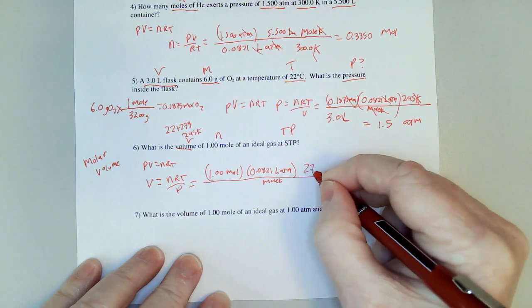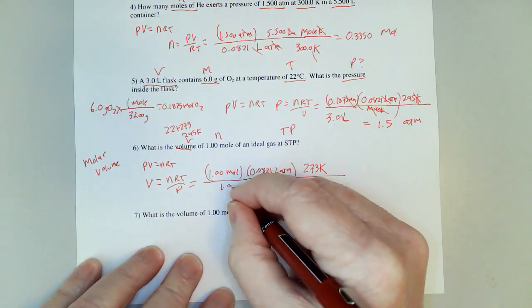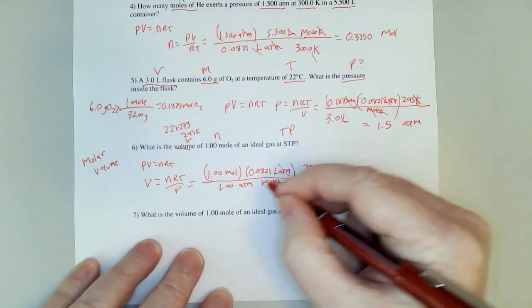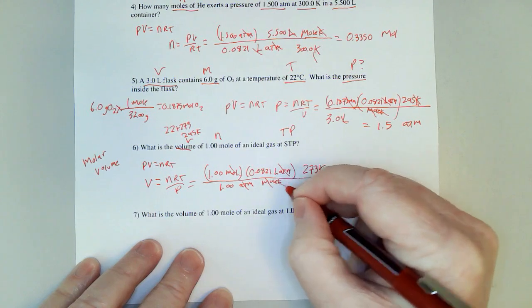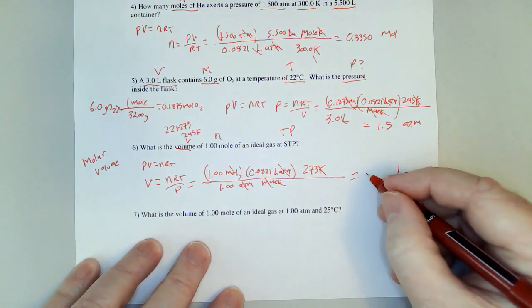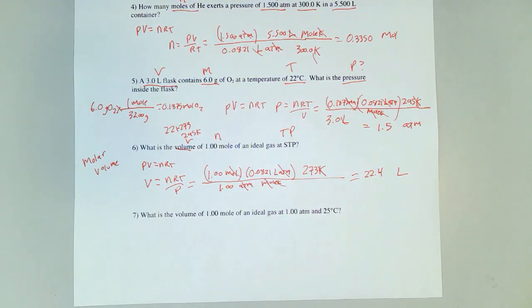Standard temperature is 273 Kelvin. Standard pressure is 1.00 ATM. Atmospheres, moles, and Kelvin cancel. Liters, and when I ran that through my calculator, I got 22.4, which is cool.